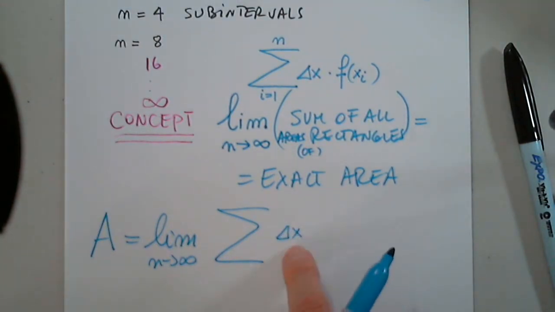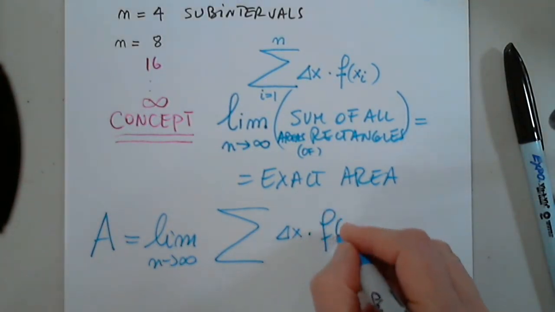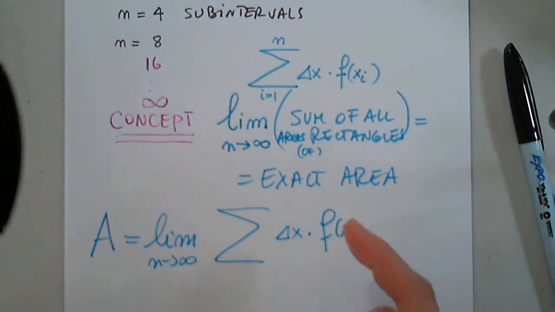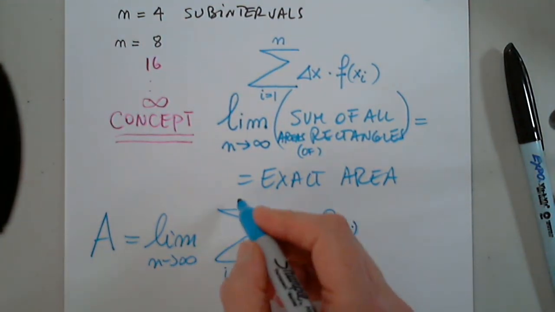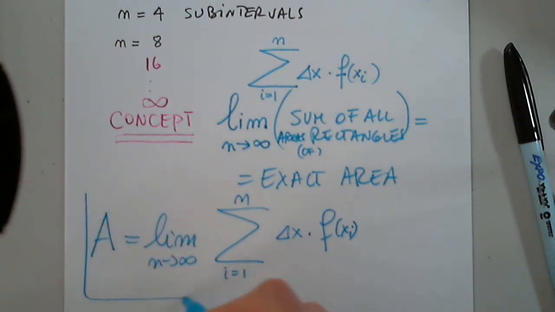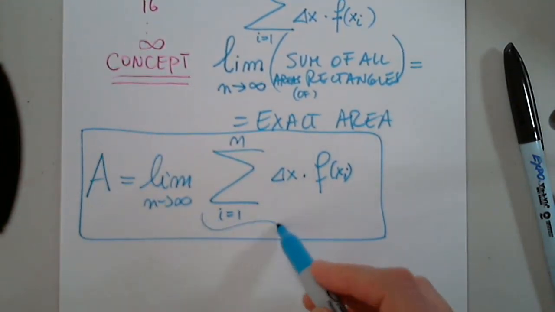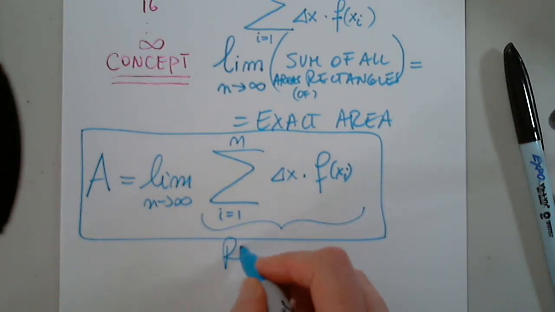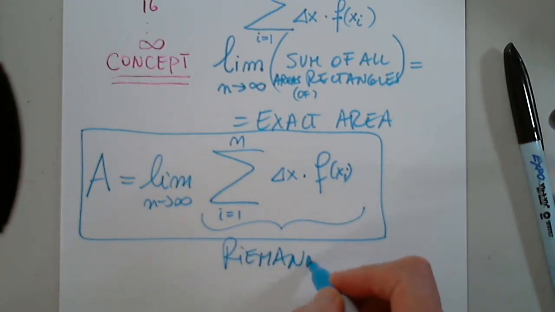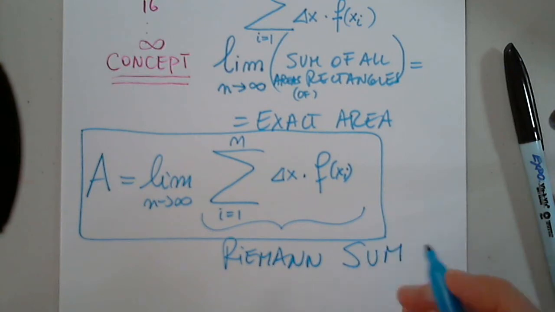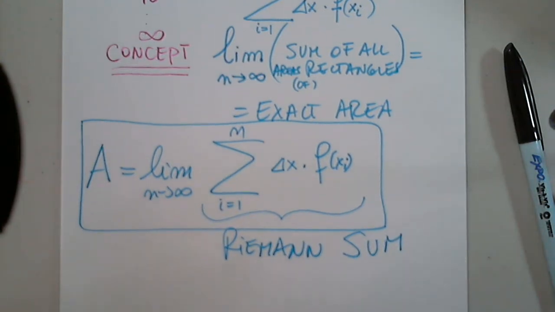All have the delta x as the base, but f of xi is different, from i equals 1 through n. This is carved in stone, and this is exact. This is called Riemann Sum. It bears his name. He developed it.